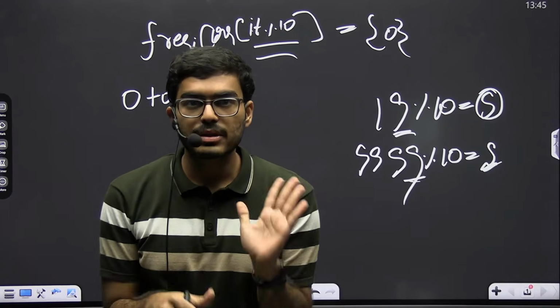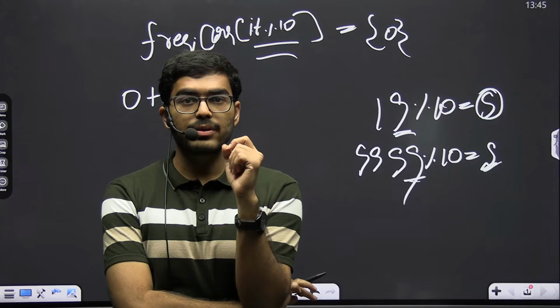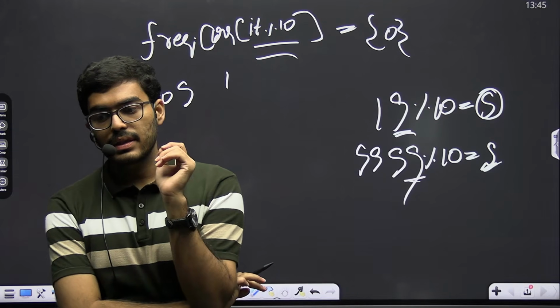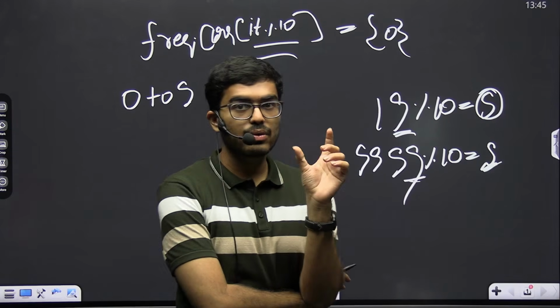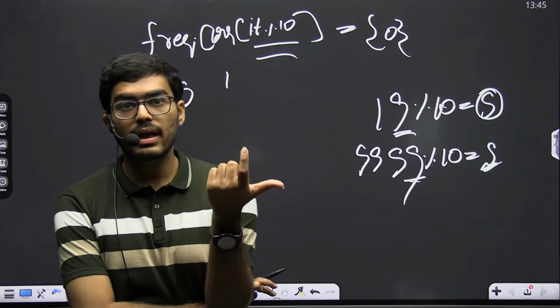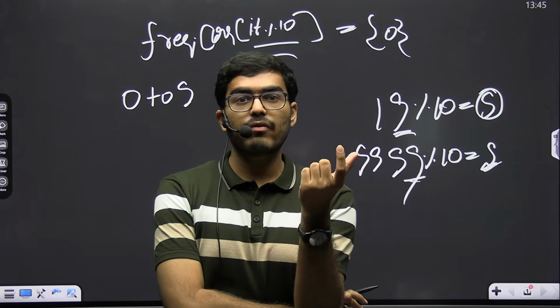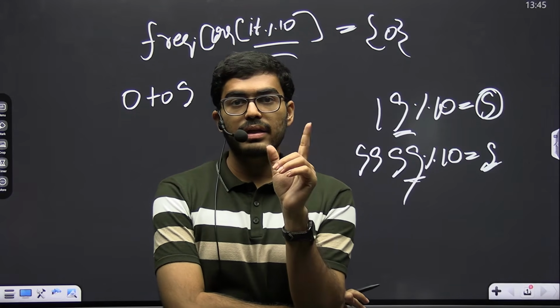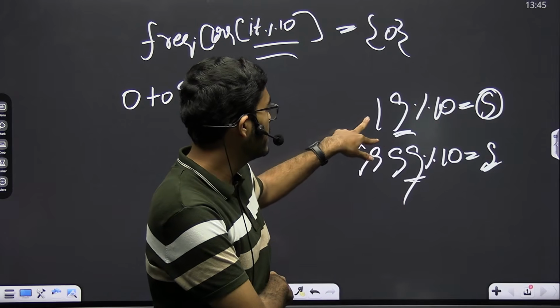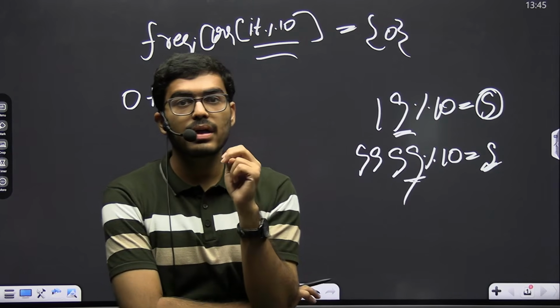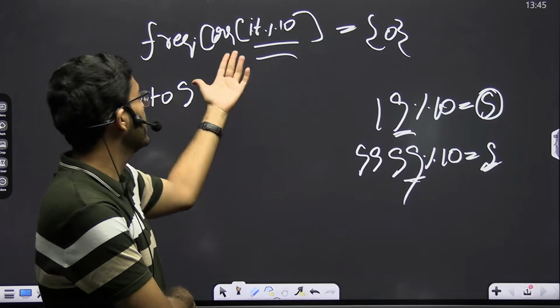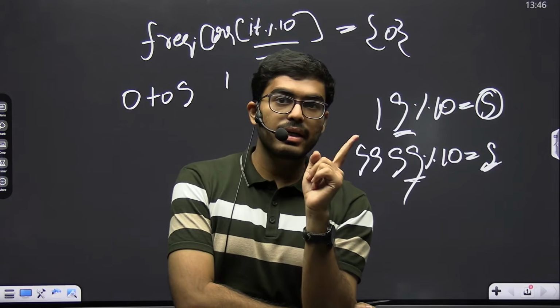So that's pretty much about the problem. We used a frequency array to store the occurrences of the last digit of every element, right? So in this example, 9 is appearing 2 times. How are we doing this? By simply taking modulo 10, right?